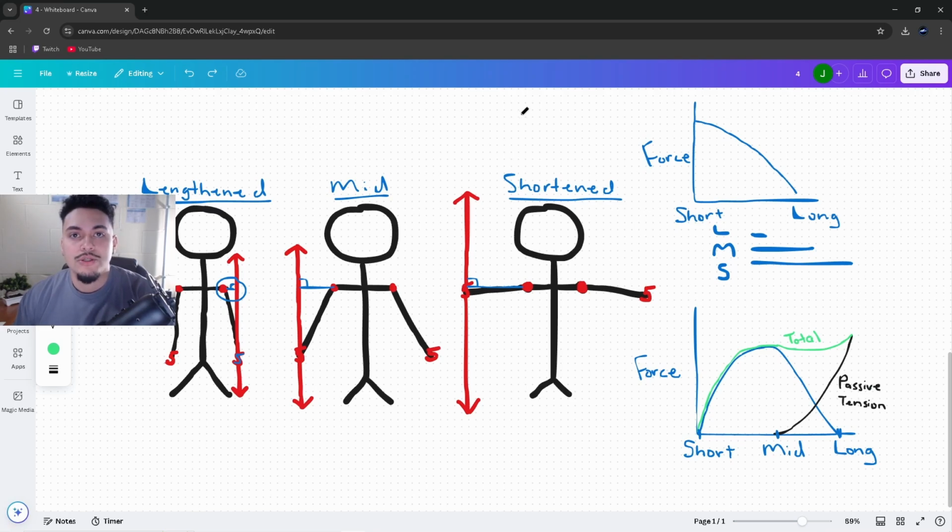So what you want to try to do in the gym is choose exercises that match up either perfectly or as close to perfect as you can to what you're, again, physiologically capable of producing. Now, it's super important to understand this length-tension relationship right here so that we can choose better exercises to incorporate into our programs.